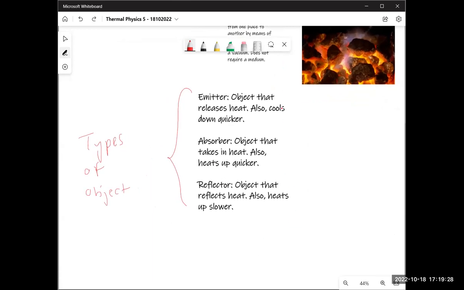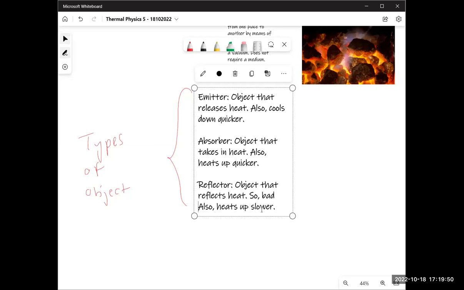Tell me when you're done. Each of these are for 2 marks in the exam. Also, what we need to realize is reflector also heats up slower, object reflects heat. So bad absorber.